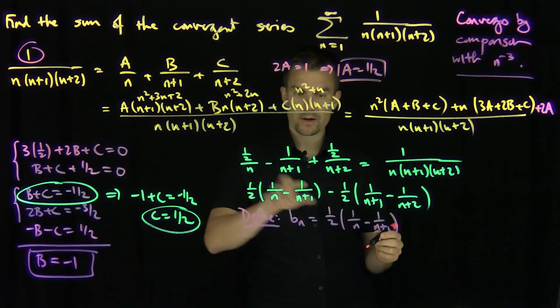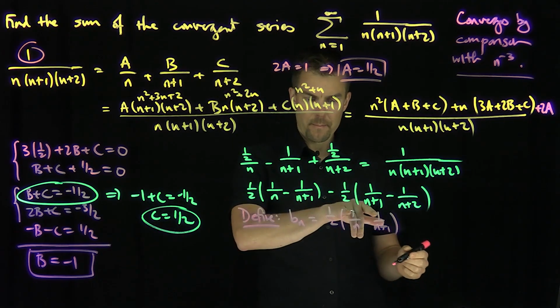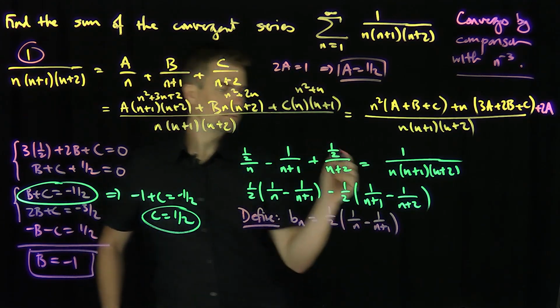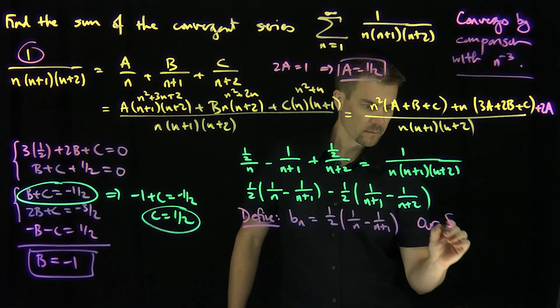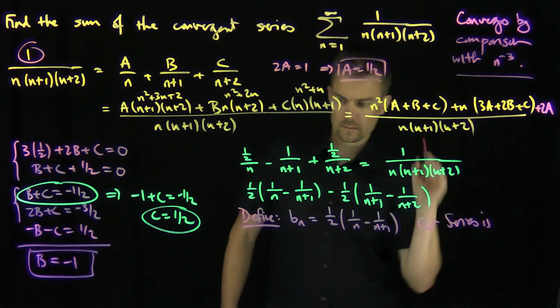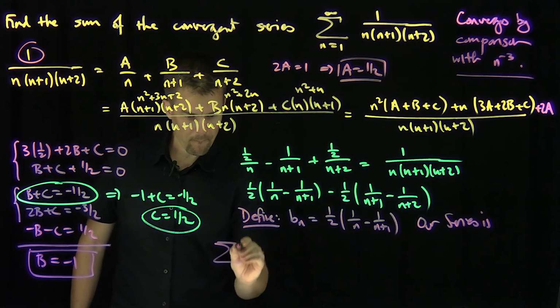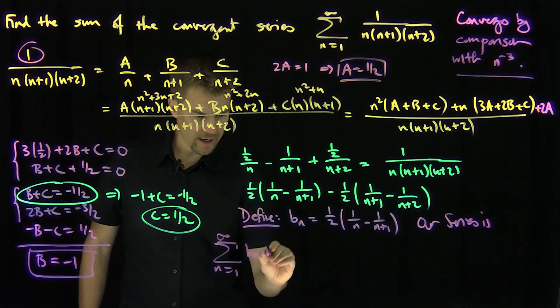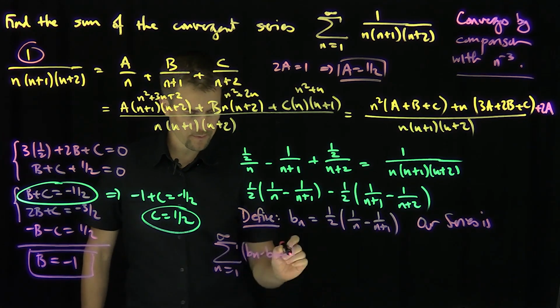Then our series becomes b_n minus b_(n+1). So our series is the sum, n goes from 1 to infinity, of b_n minus b_(n+1).